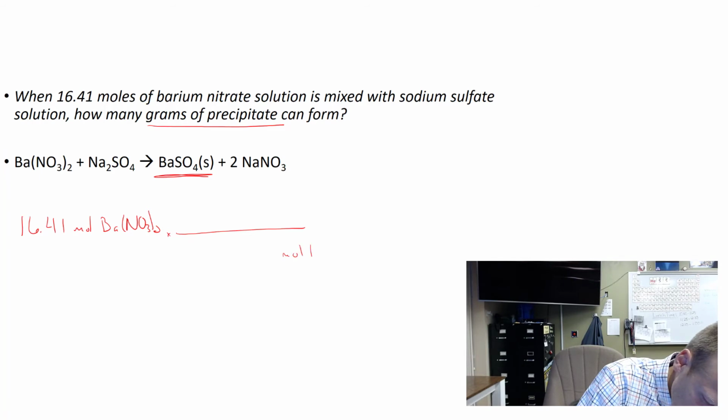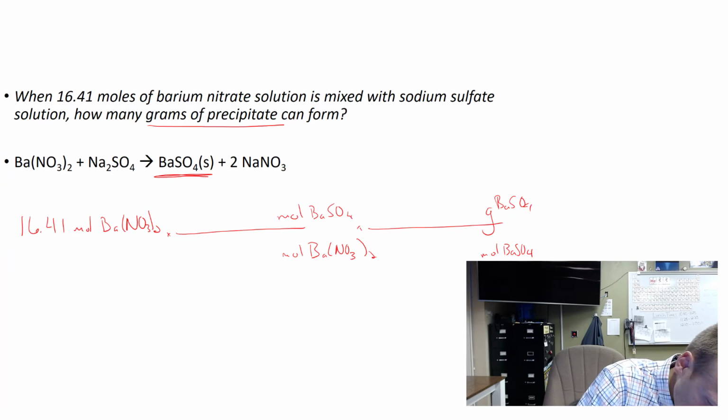And then moles of barium nitrate go on the bottom, and then moles of the unknown, barium sulfate, go on top. Moles of barium sulfate to grams of barium sulfate. Our mole ratio, if you look, is actually 1:1.